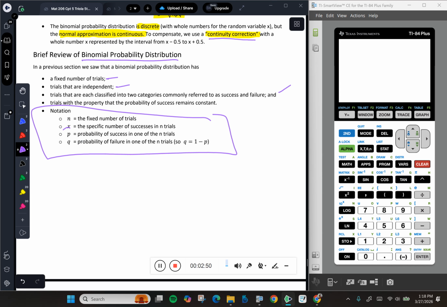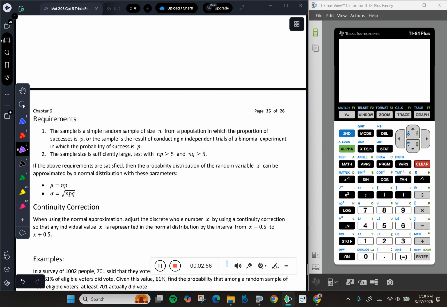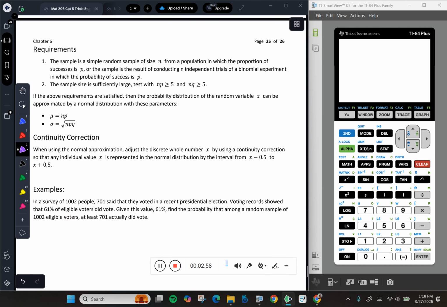That is, p can be found by taking 1 minus q, or q can be found by taking 1 minus p. Right? And then if your sample size is sufficiently large, that is, n times p and n times q are both bigger than 5, then we can use a normal distribution as a modeler, as an approximator for our binomial distributions.